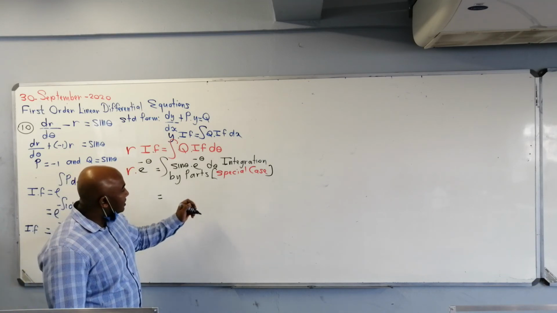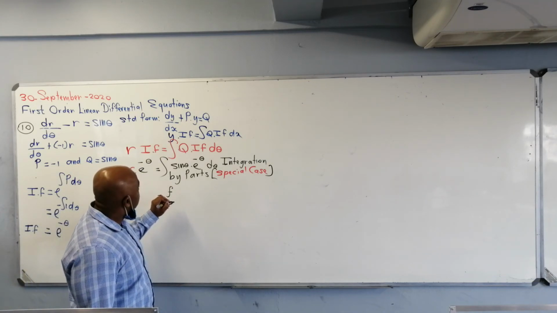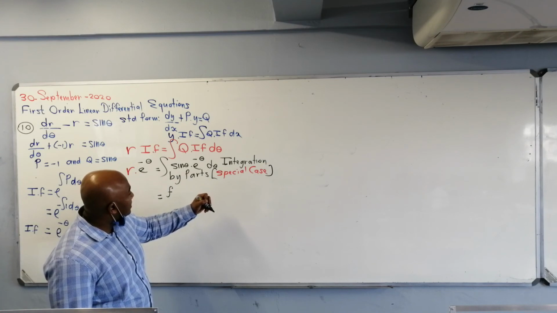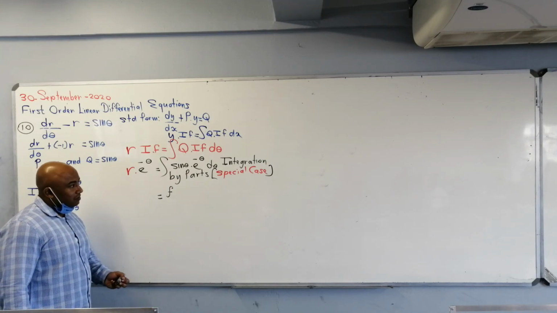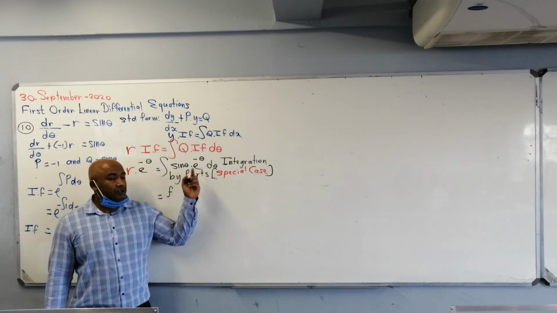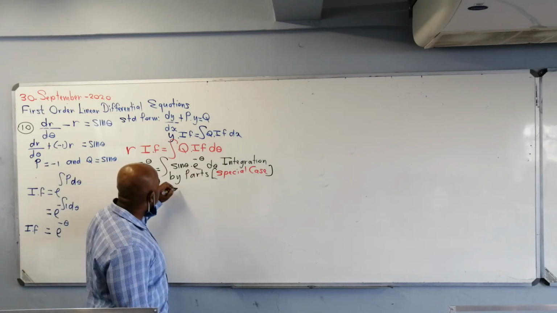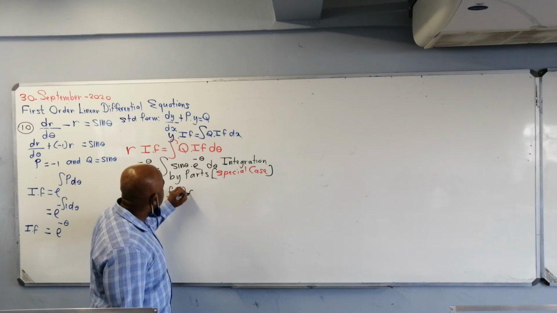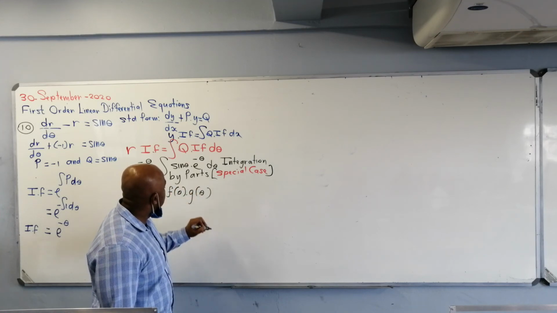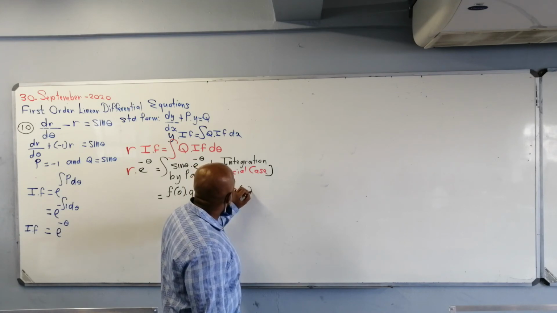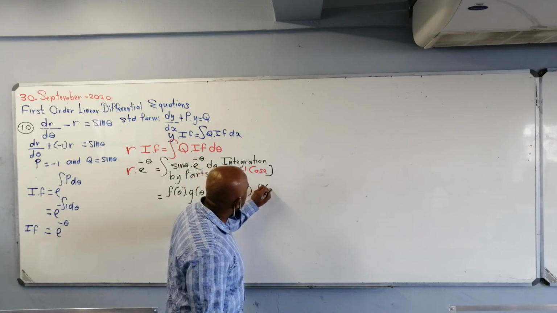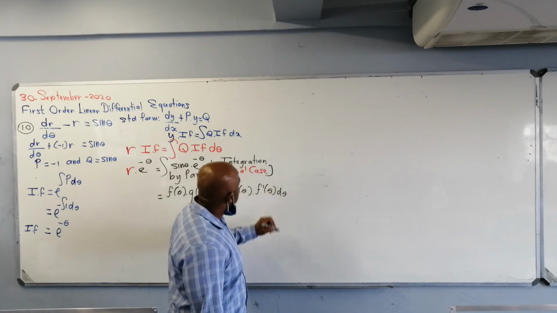The formula for integration by parts is f of x times g of x. But what are we integrating with respect to? To theta, so we're going to call it f of theta, g of theta, minus the integral of g of theta times f prime theta d theta.